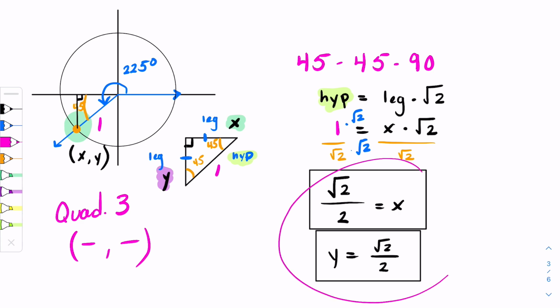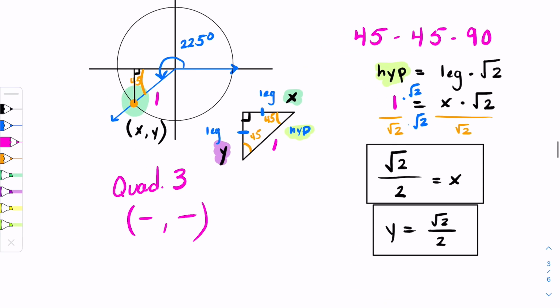Your answers are always going to come out positive, but you have to make sure you apply the correct signs. So when I write this point, I need to write it as my x coordinate of negative square root of 2 over 2, and negative square root of 2 over 2 for my y coordinate.